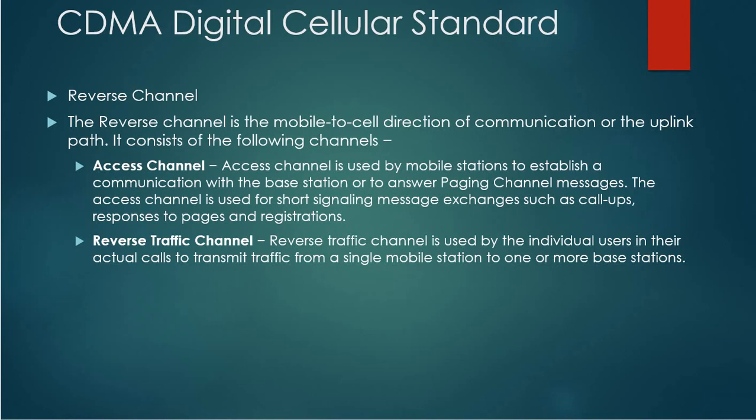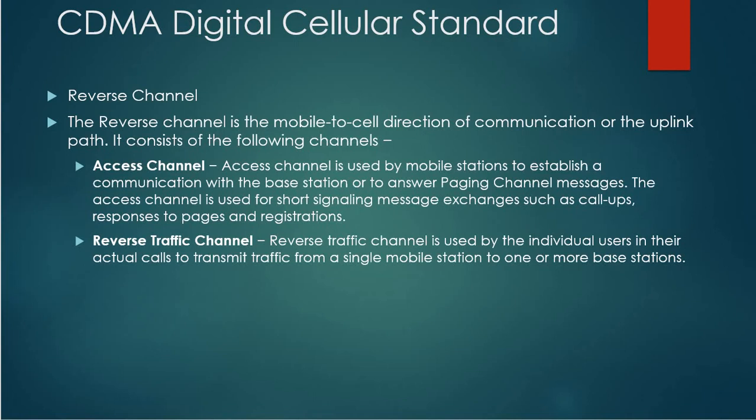Access channels are used by mobile stations to establish communication with the base station, or to answer paging channel messages. The access channels are used for short signaling message exchange, such as call origination, response to page, and registration.